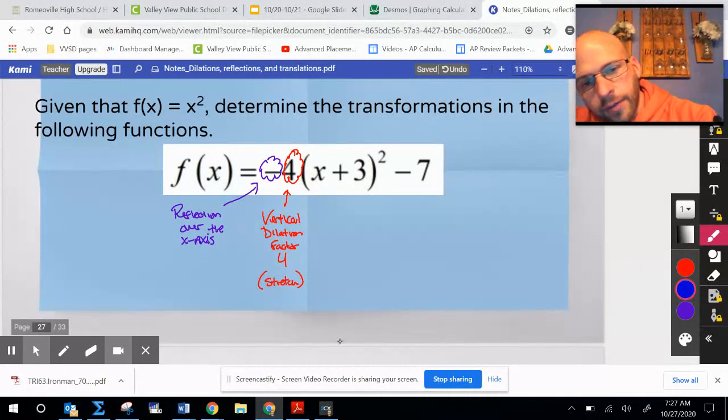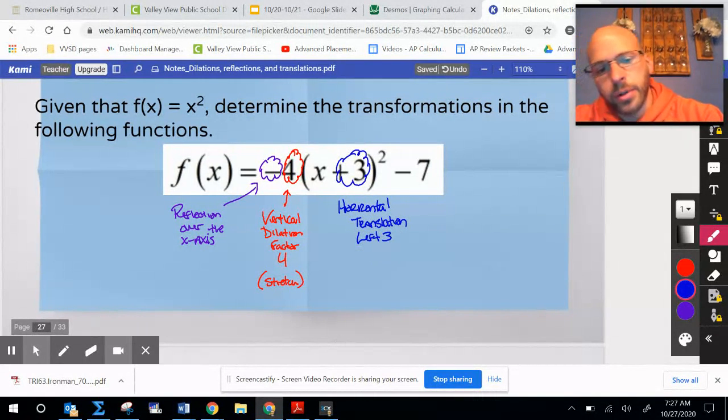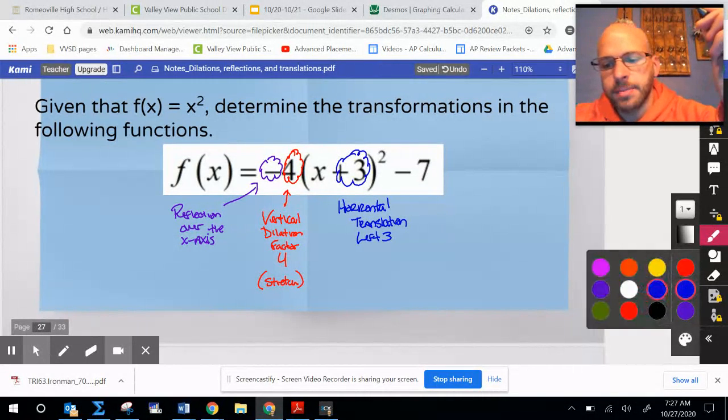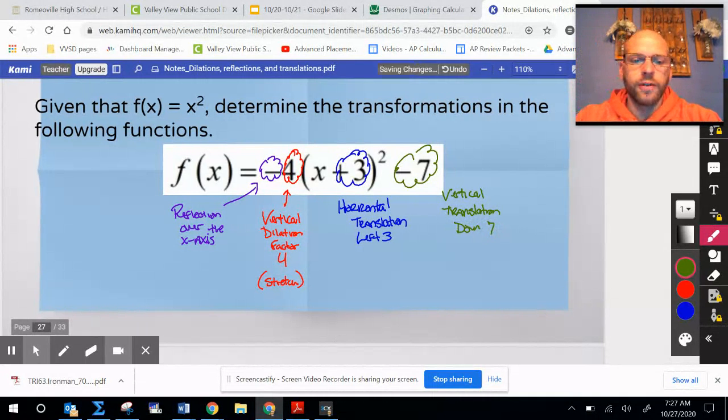Next, I have this plus 3 on the inside, which is going to be a horizontal translation left 3. And then last but not least, I have this plus 7, which is a vertical translation down 7. Right? So there were 4 answers to this problem. Okay?